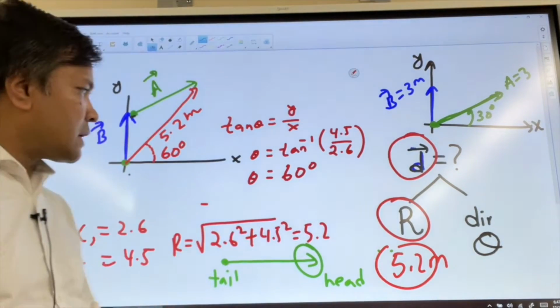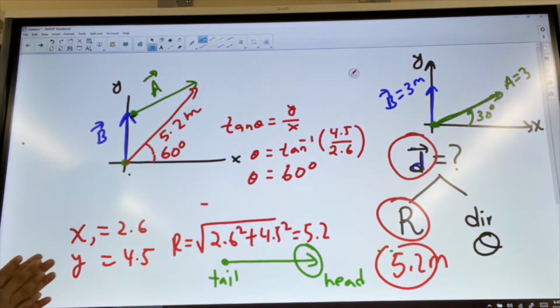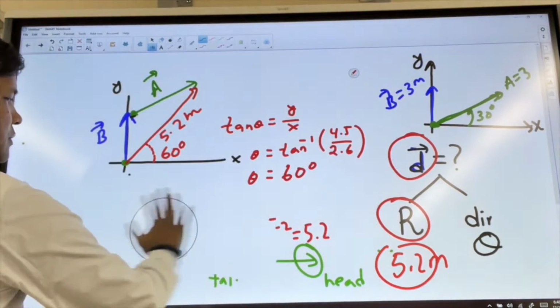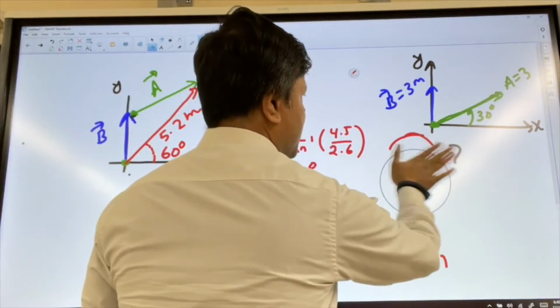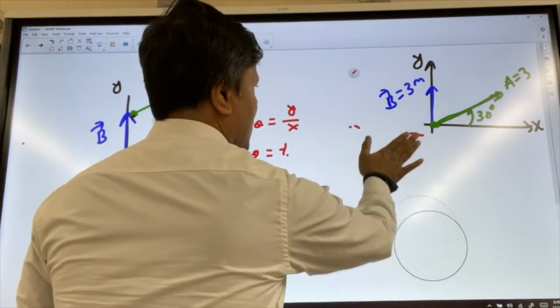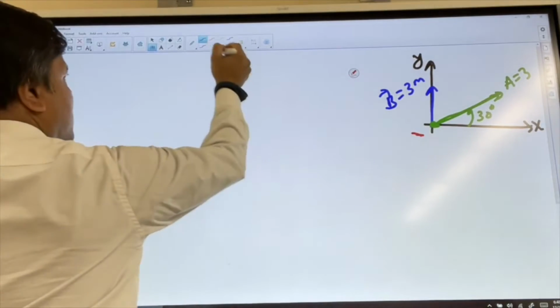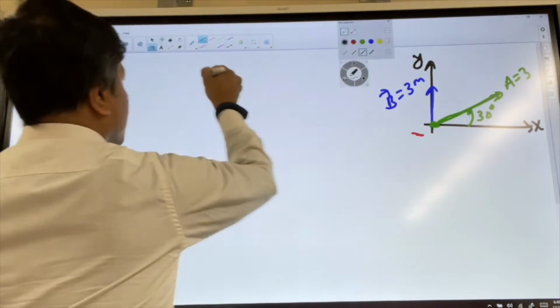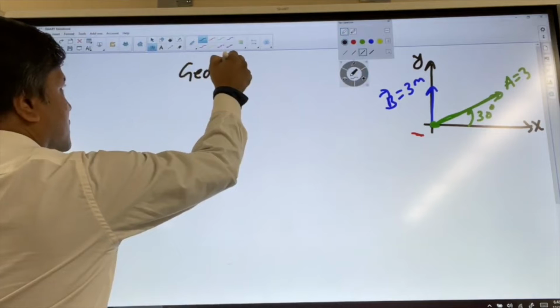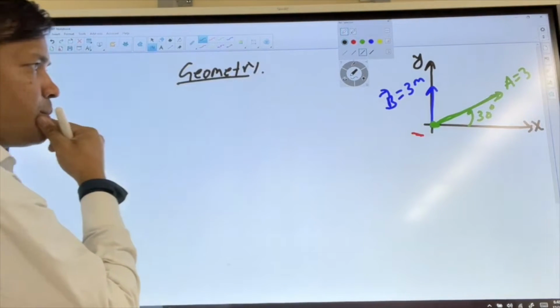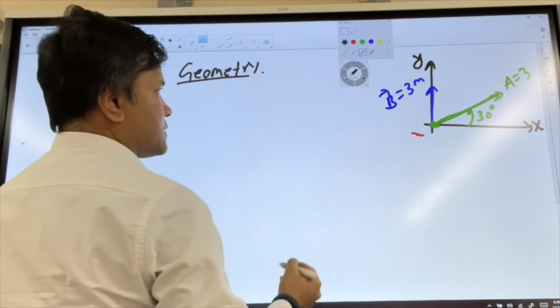Okay, good. Now let me do it with geometry. Now I'm going to do the same problem using geometry. Geometry would be pretty simple. So what are you going to do?